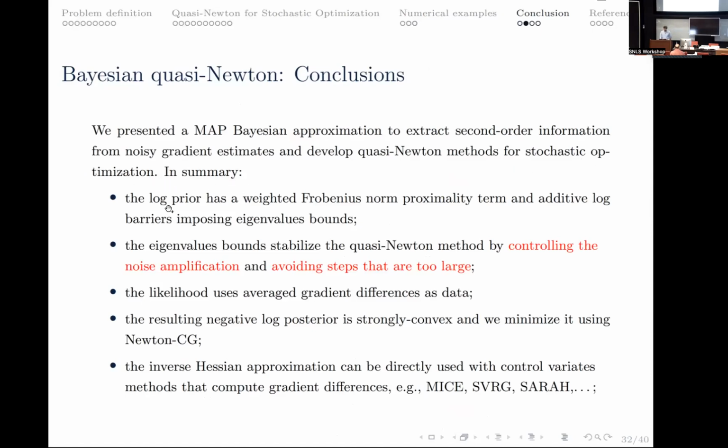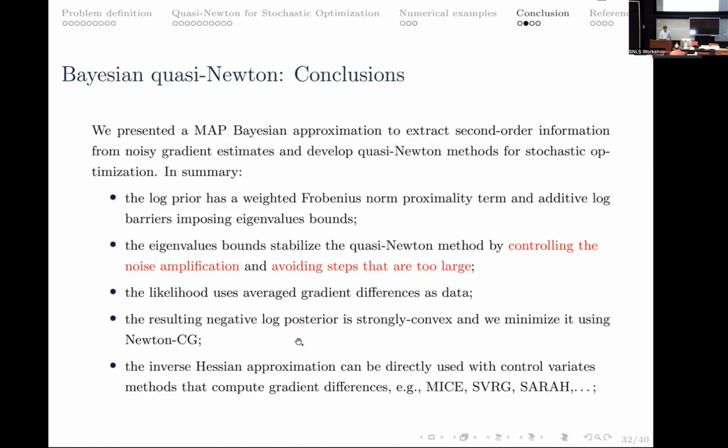We modeled the log prior using a weighted Frobenius norm and proximality term and the log barriers to control the eigenvalues, thus controlling stability and noise amplification. And we use the likelihood to learn from the gradient, even though we have just noisy information.